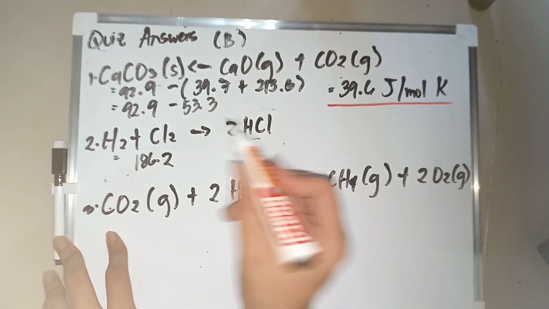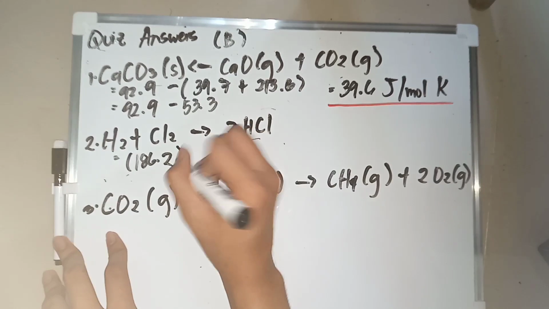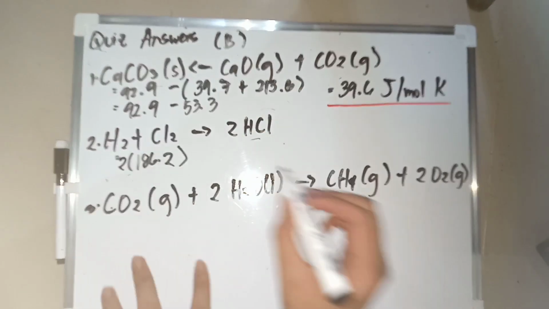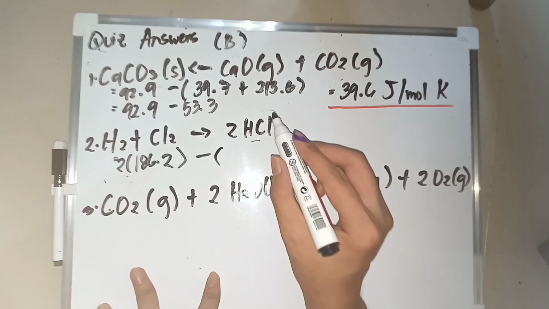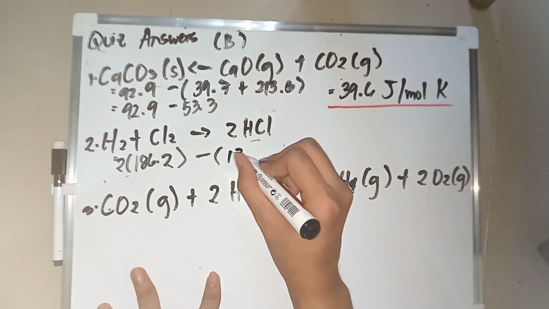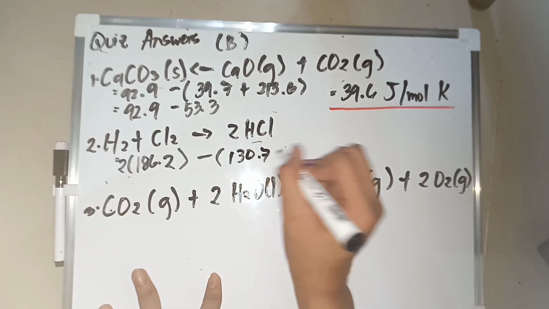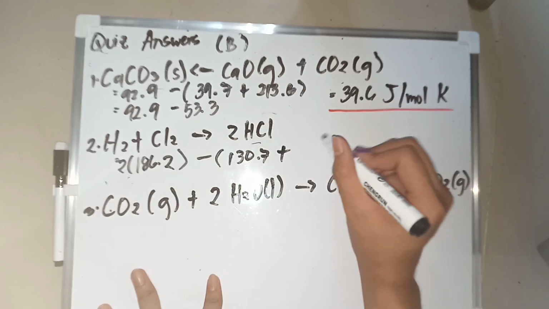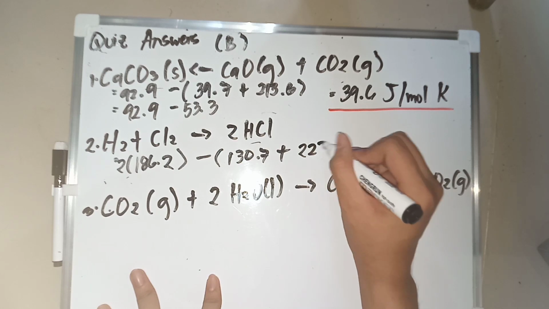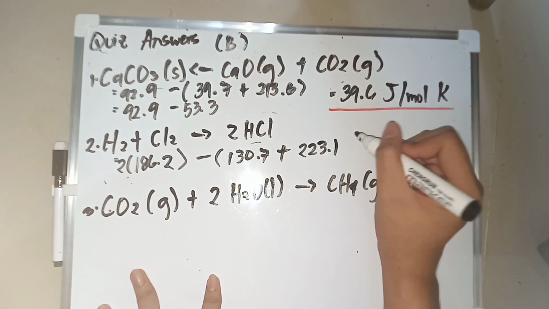We have 2 molecules, so multiply by 2, minus the value of H2, which is 130.7, plus the value of Cl2, which is 223.1.